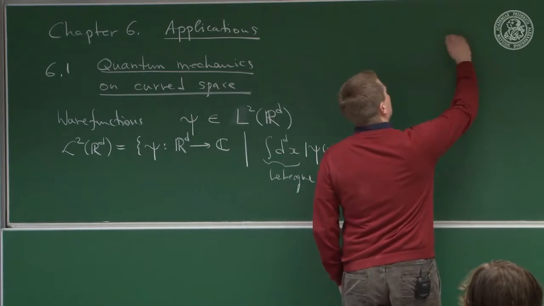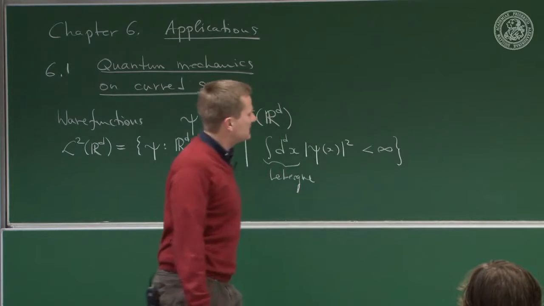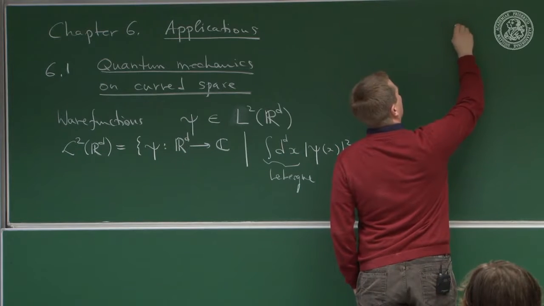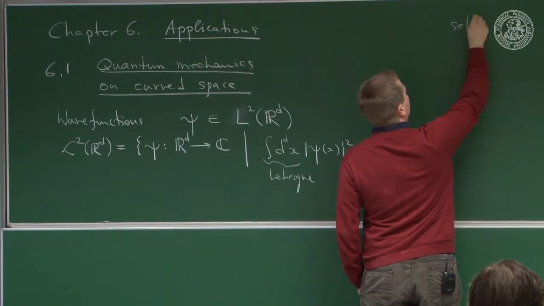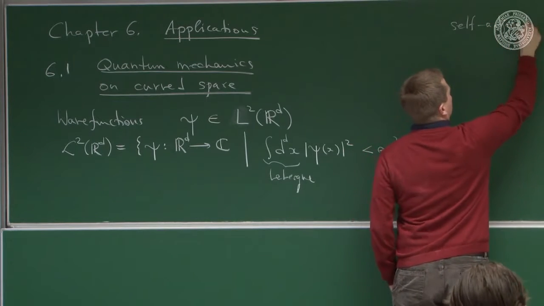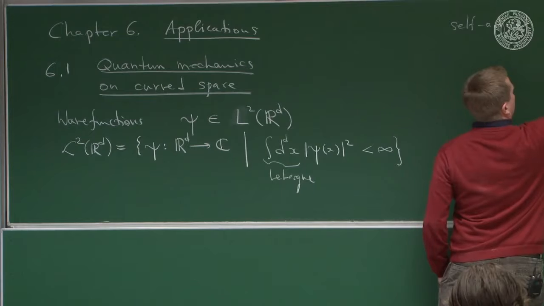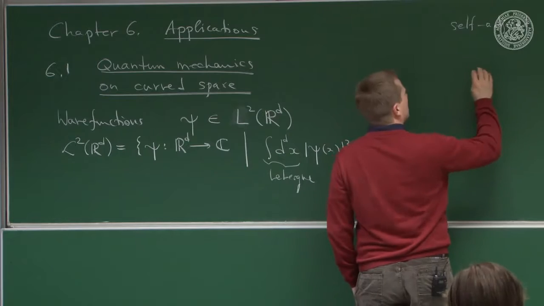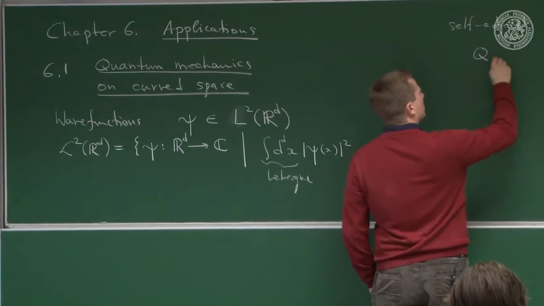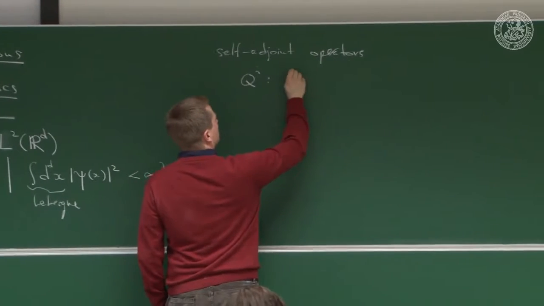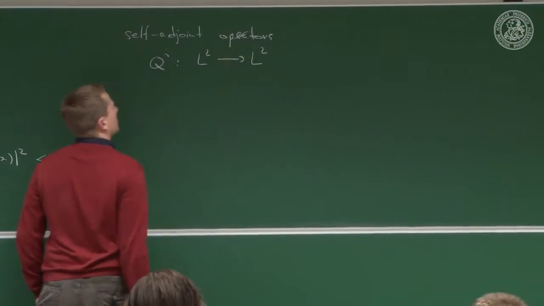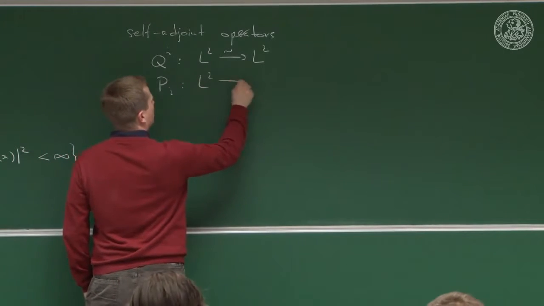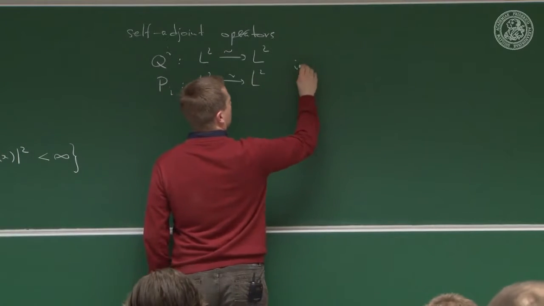If we now look at some position space representation, or some representation in general, we wish to have operators. We need self-adjoint operators, and they should act on this space L2, but it will turn out they can't. So let's call them Q_i, supposed to act on L2 linearly, and P_i, supposed to act on L2 linearly, i equals 1 to d.